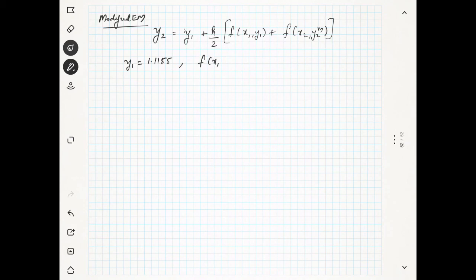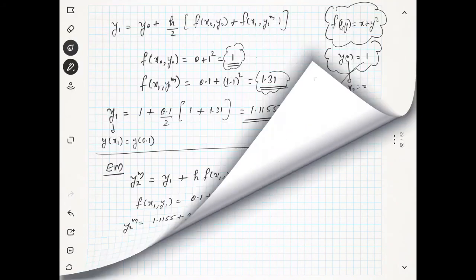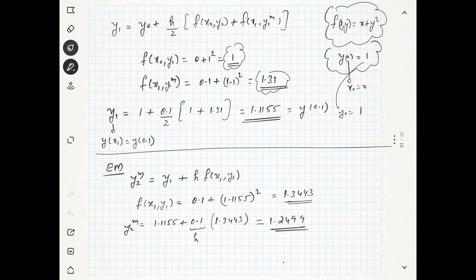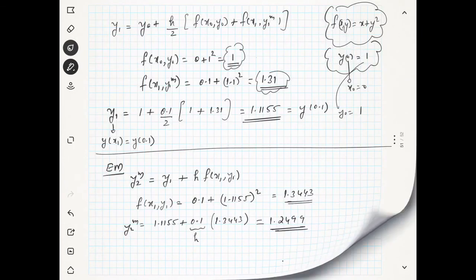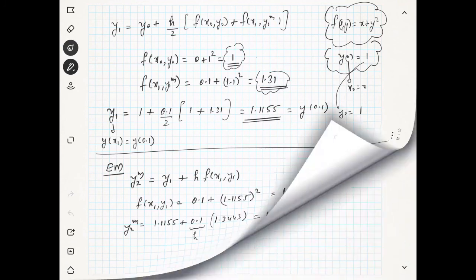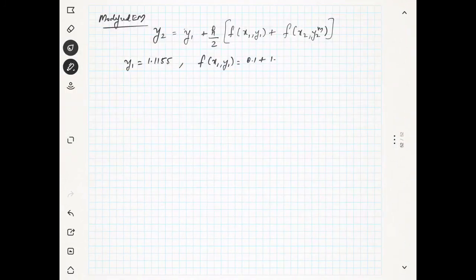Now f of x1 y1, you have the function. What is x1? x1 is equal to 0 plus 0.1, that means 0.1. So 0.1 plus y1 square. What is y1? y1 is 1.1155, the whole square.